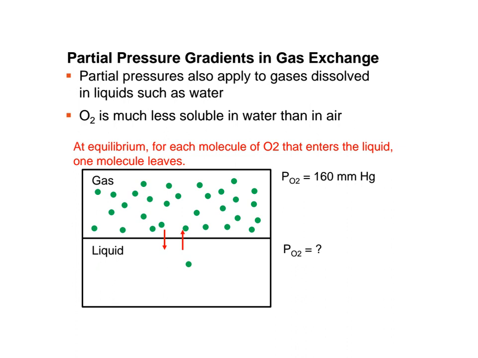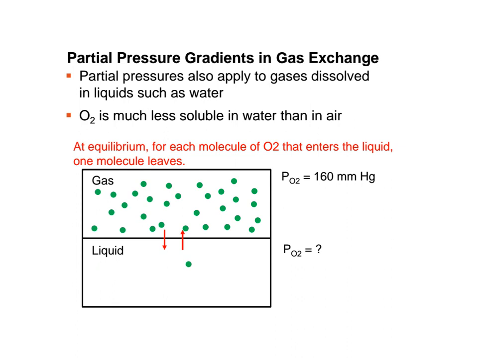One situation that arises quite often in biology is we'll have an interface between gas and a liquid. So for example, in your lungs, we'll talk about alveoli, which are little sacs where gas exchange occurs. And so there's air in the alveoli, so that's referred to as the alveolar airspace. And oxygen from that alveolar airspace will diffuse into liquid that lines the inside of these alveoli.